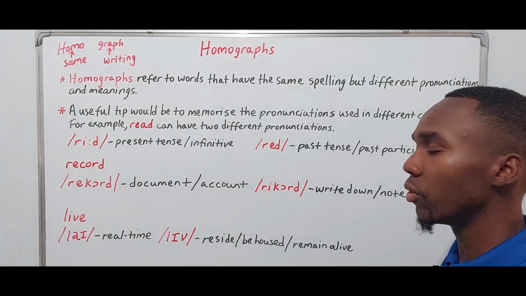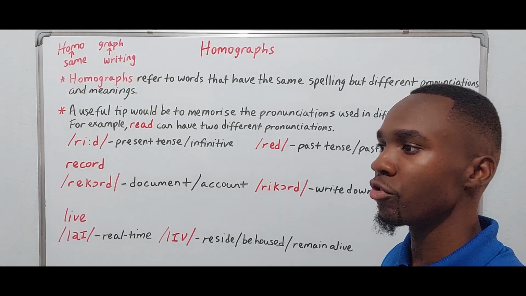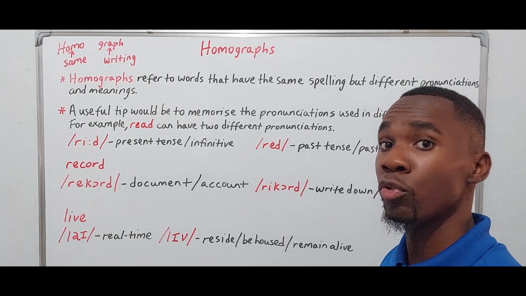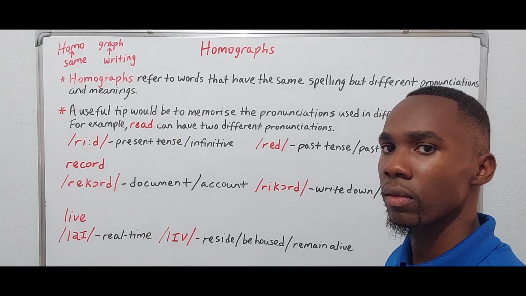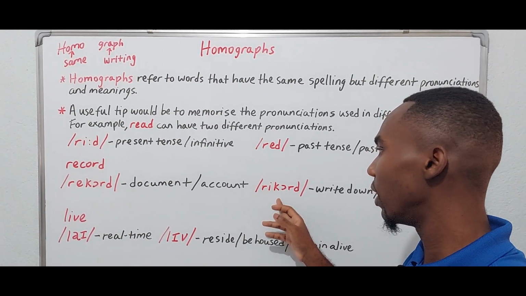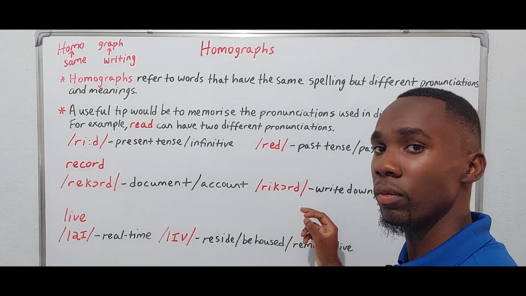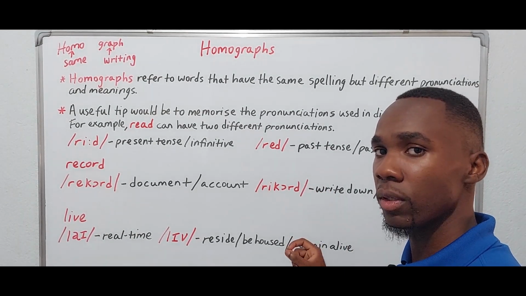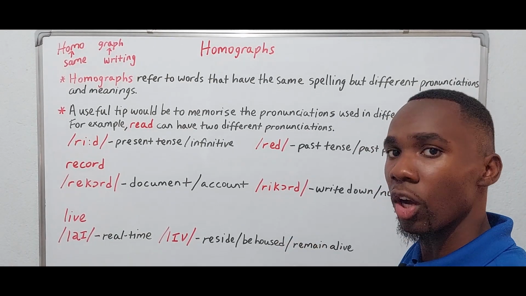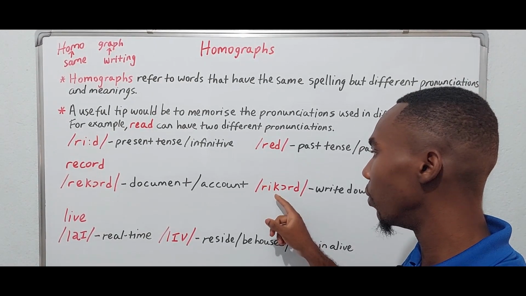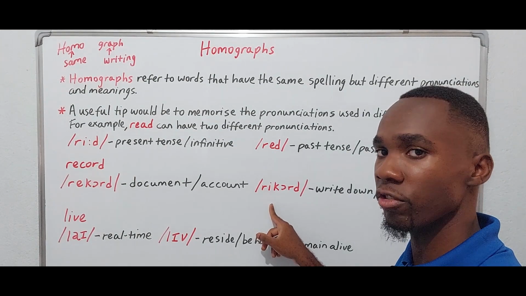So record, you can't say, I have to record this. No, I have to record this. So this pronunciation is going to be used when we're using it as a verb to actually physically document. That is the pronunciation we would use, record.